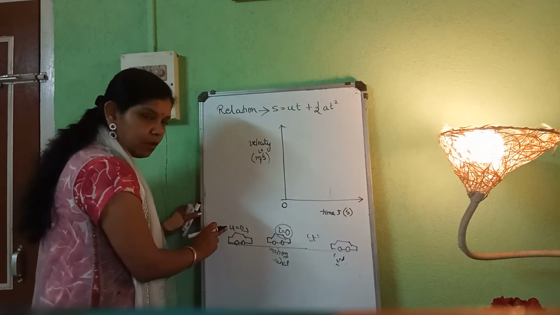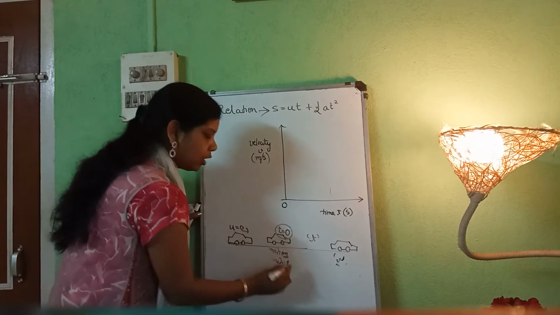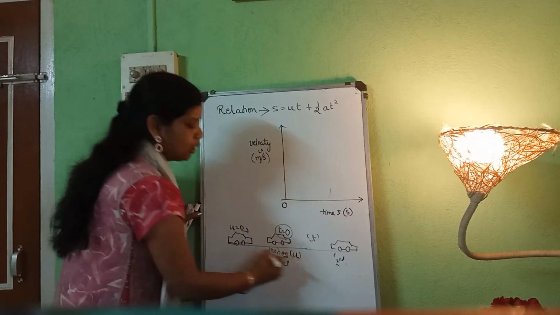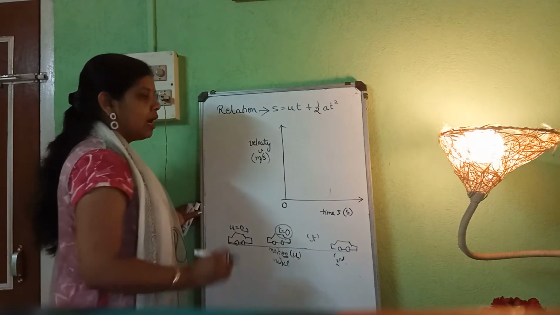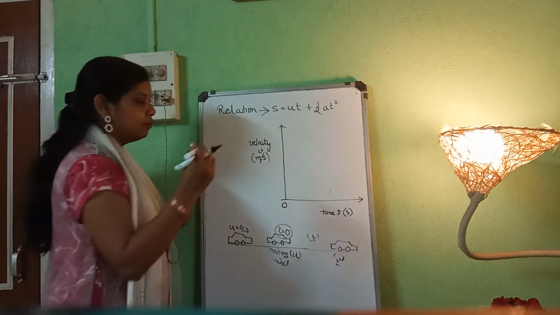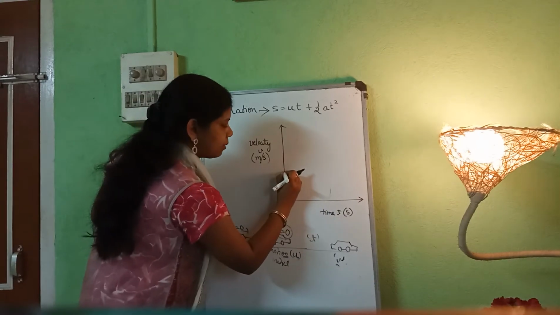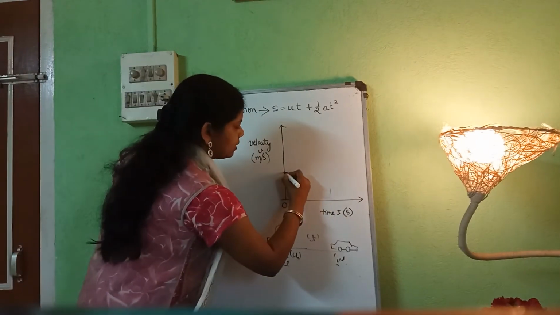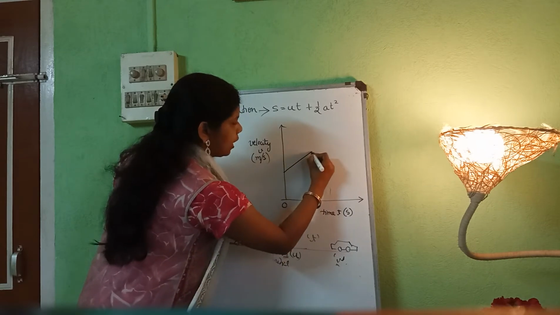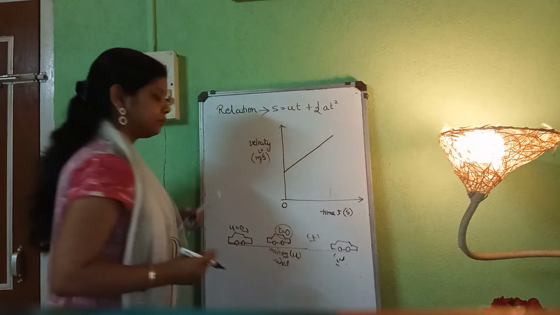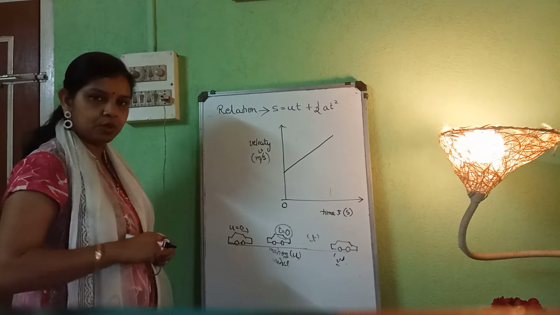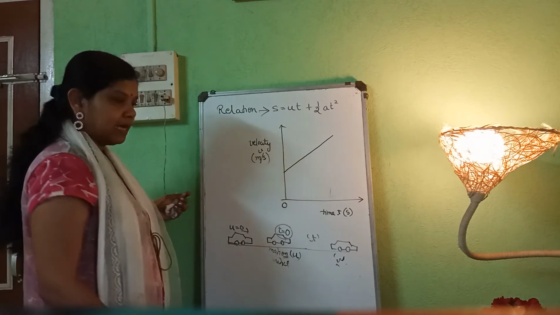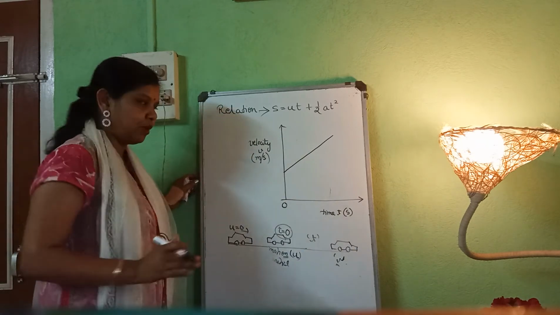Here, this u is not 0; I will consider this to be u. So I will get a graph not from the origin but from a little bit above. Since it is uniformly accelerated, I have to draw a graph like this. I hope you have understood how I have drawn it, because the last derivation we derived in the same way.